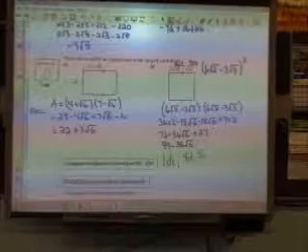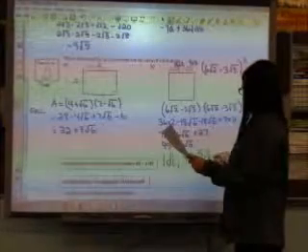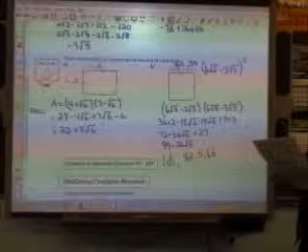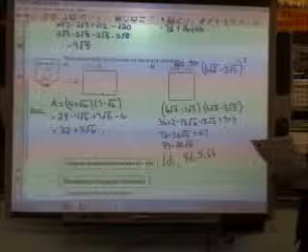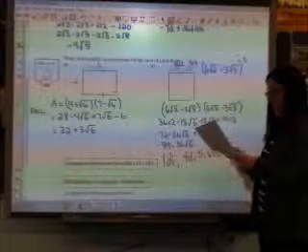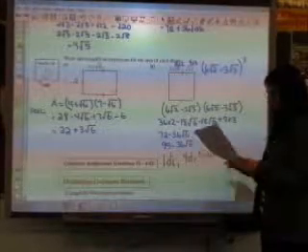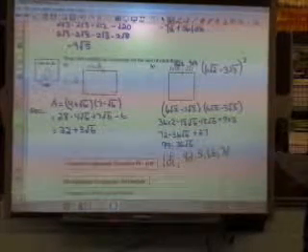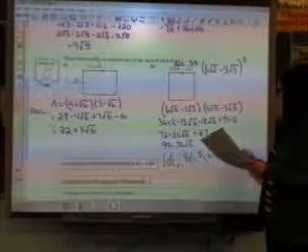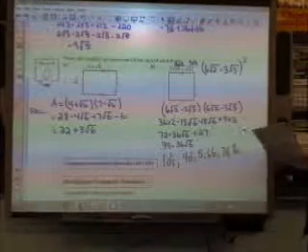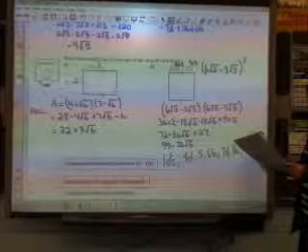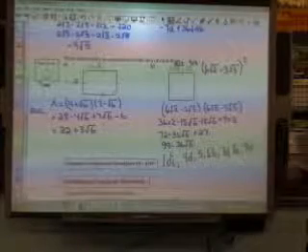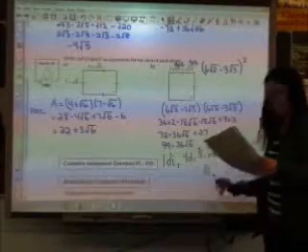Question number 6B. D. 8A. 9D. And 10A. Actually, not 9D.